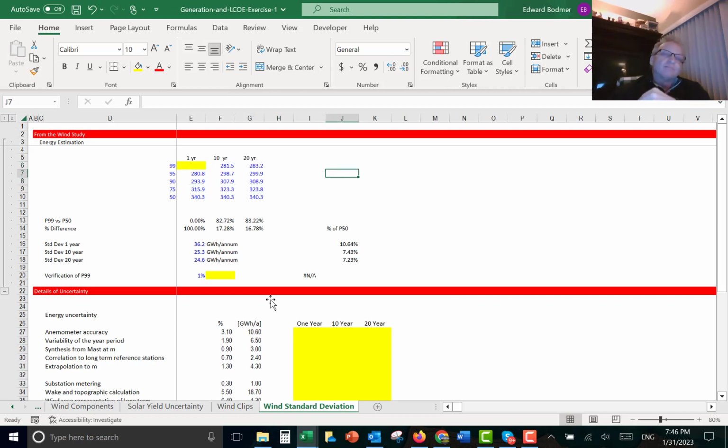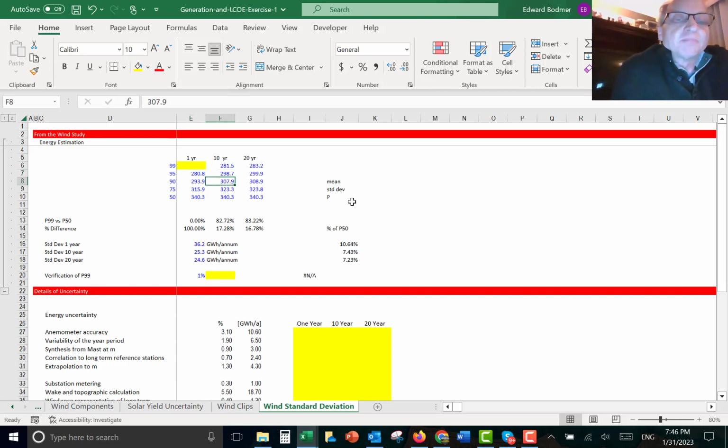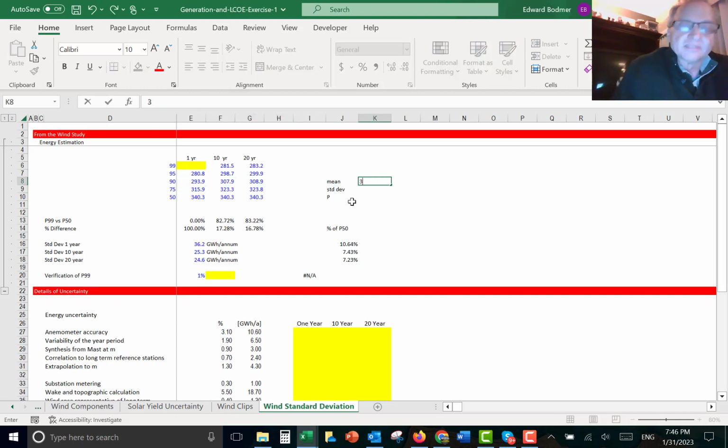If you get a table of what's P99 and P95 and all that, what I do is I just say, okay, let's put a mean, and let's put a standard deviation in here, and let's put a P level, and let's take this one. We have a P95 of 280, and the P50 is 340.